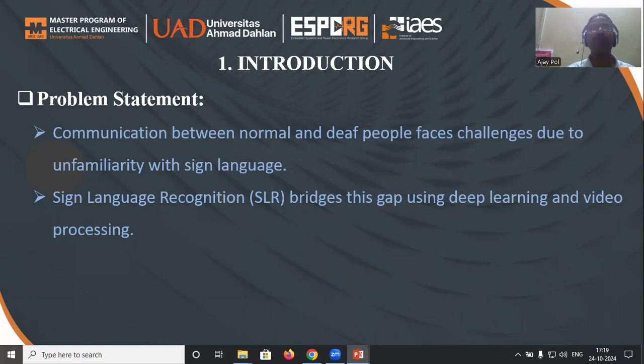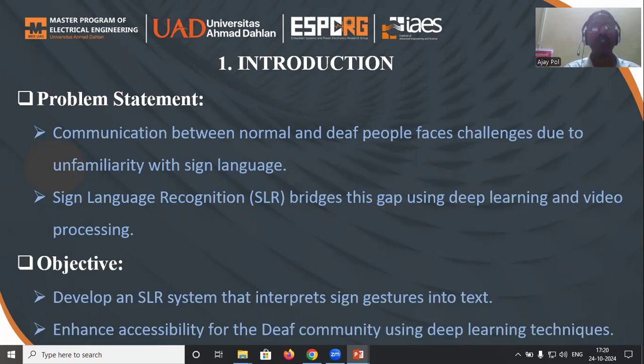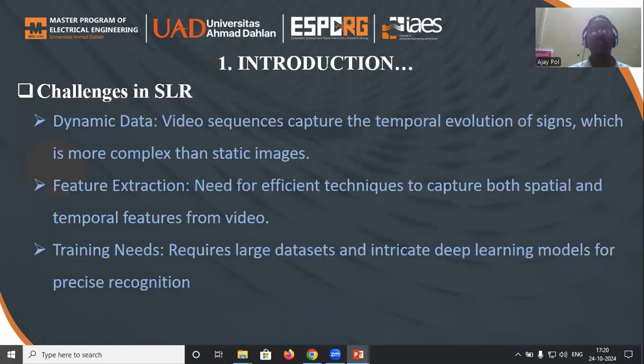Deep learning is showing significant improvement and opening a new area for efficient ASLR development. Next, the objective is to develop a sign language recognition system that interprets sign gestures into text, which helps the deaf community, using deep learning techniques.